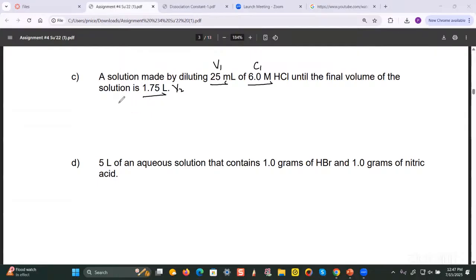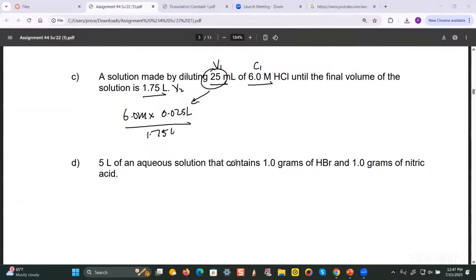Okay, so first step, what's the first step? You said the dilution, so tell me what to write down here. 6.0 M times 0.025 liters divided by 1.75 liters. She converted the 25 mL to liters, but you could just as well convert the 1.75 liters to milliliters.